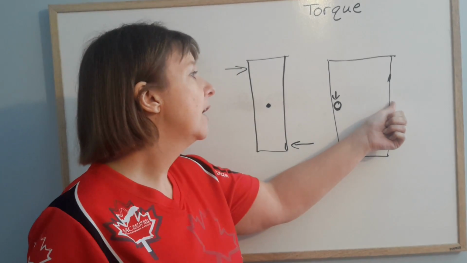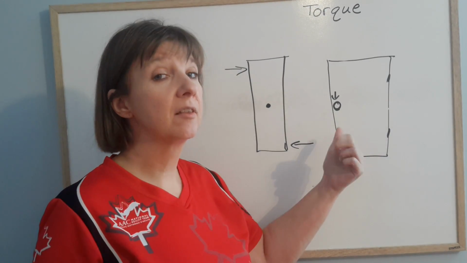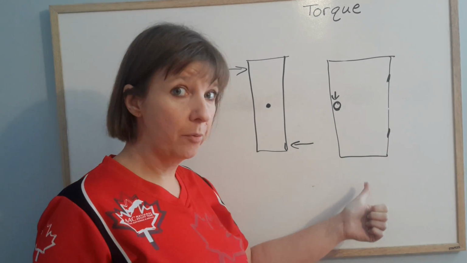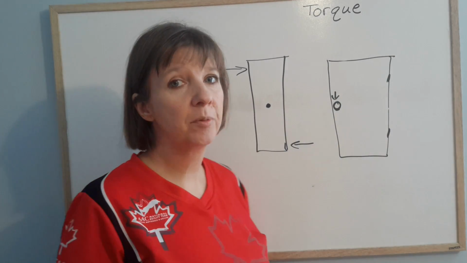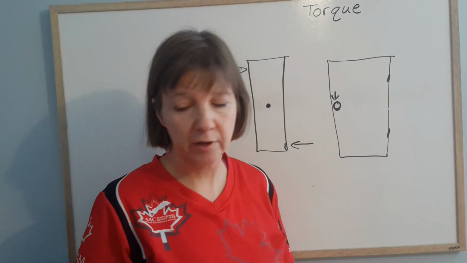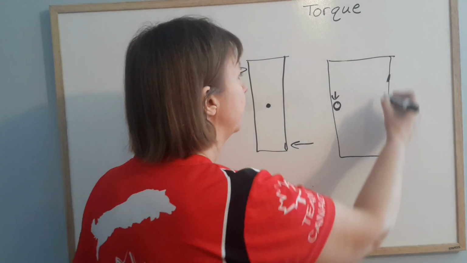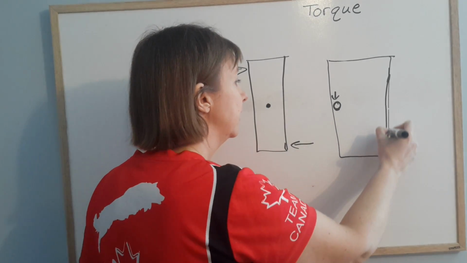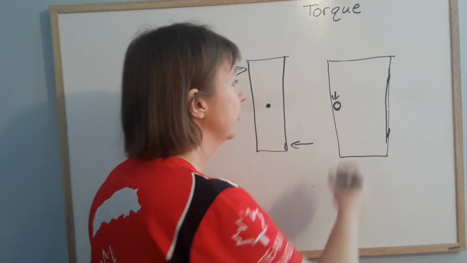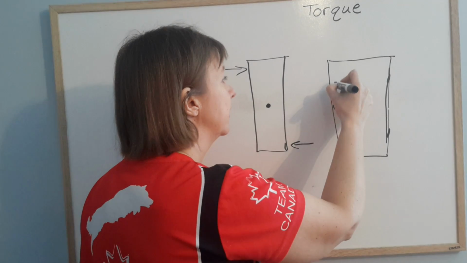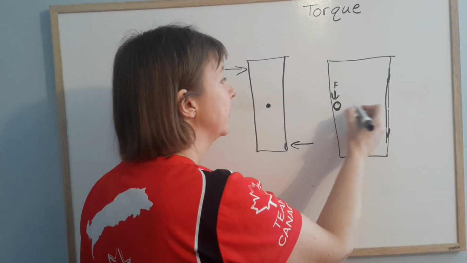There needs to be a certain amount of distance between the pivot point and the place where you're applying the force, all right? The force is being applied here, and the pivot point is here.